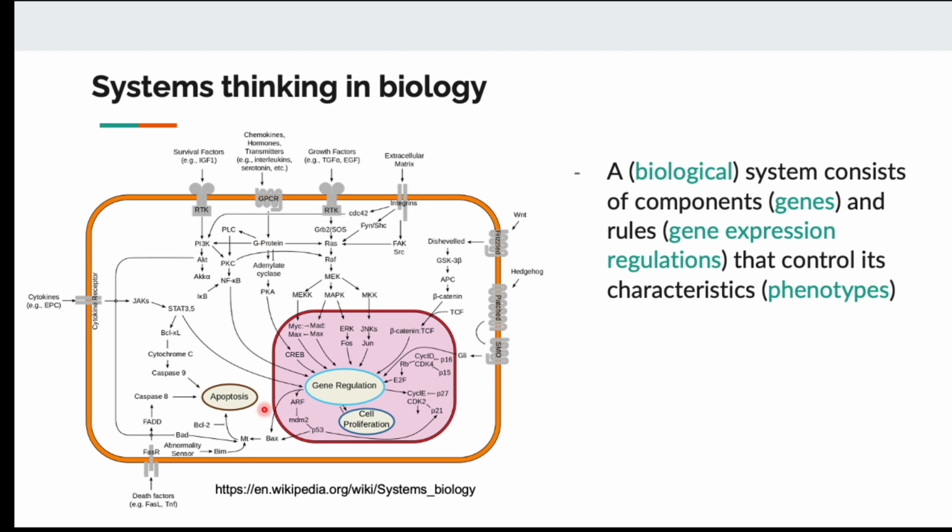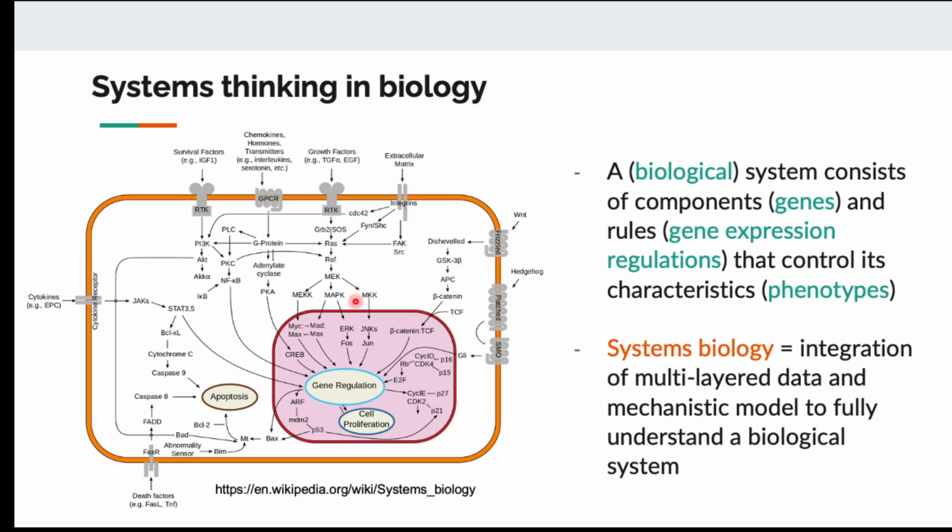So if we want to understand how a disease arises or how a treatment can change the phenotype of the cells, it's not just about one gene being up or down regulated, it's how the whole interaction can respond to the change. Systems biology is the focus of that.